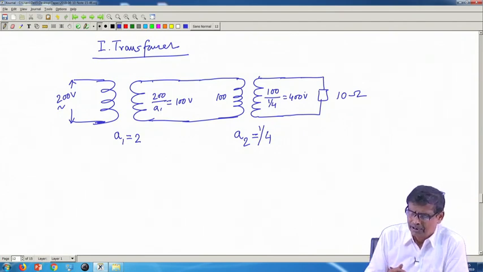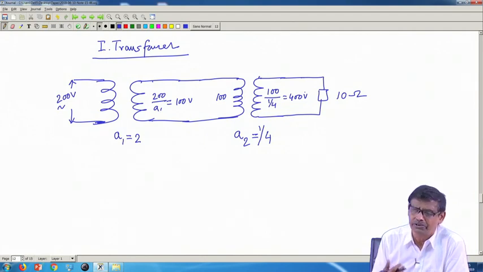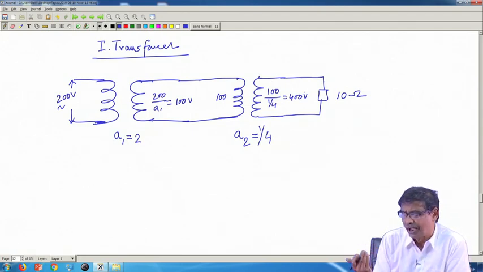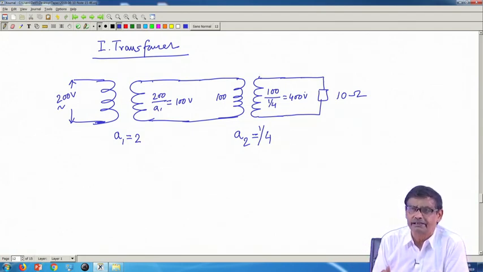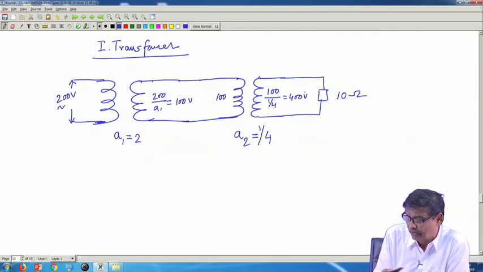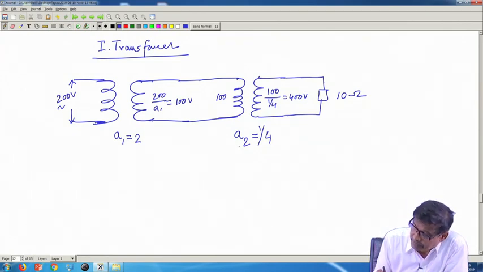In the first place, for an actual transformer there will be an equivalent circuit which will be slightly complicated. But even if you assume it to be ideal, you will get results very close to the correct values. That is why this exercise, and it also tells you how the ratios of currents and voltages are decided. Now tell me, this A2 is equal to 1 by 4.